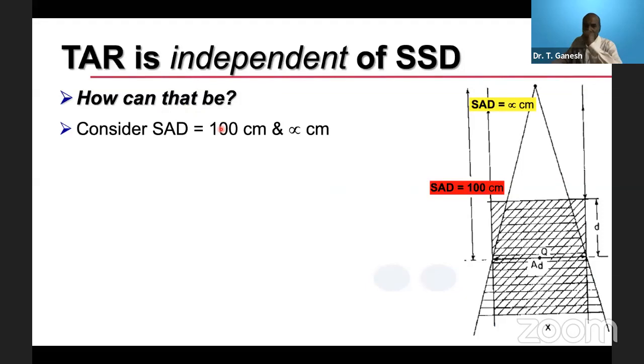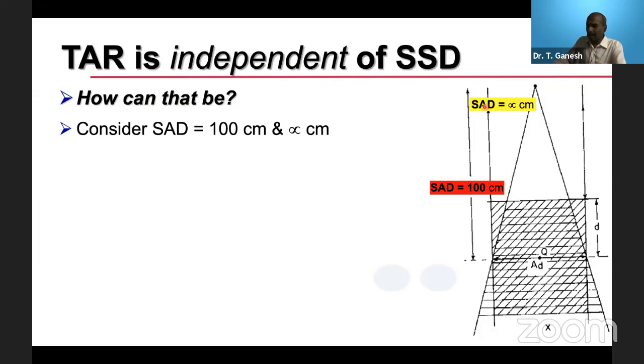Now come back to that question. TAR is independent of SSD. How can that be? Now consider SAD 100 centimeter and SAD infinite. The source is at infinite distance. You see here, this is the source and the beam is divergent, and here this is SAD 100. From here to here, SAD equal to 100, this is a divergent beam.